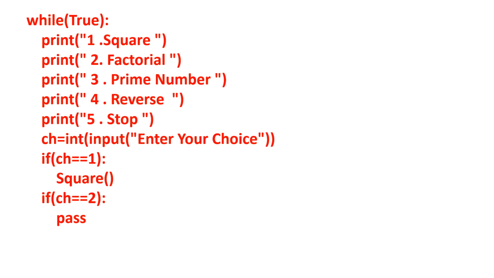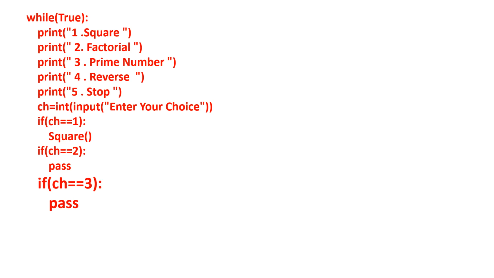In the case of 2, if anybody enters 2 into ch, then we have not written the factorial coding. So then we should pass. So we have written if ch equal to 2, pass. And in case of 3, if 3 is entered into ch, then the compiler should also pass.